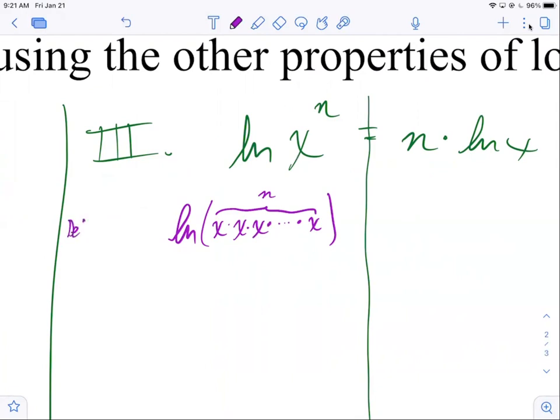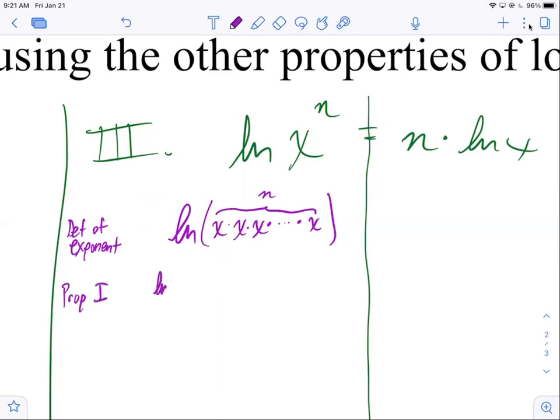This is the definition of an exponent. The exponent tells you how many of the base you have multiplied together. Right? So now that I've gotten rid of the exponent and turned it into factors, do I know how to expand the log of a product? Yep. Property 1 tells us that.